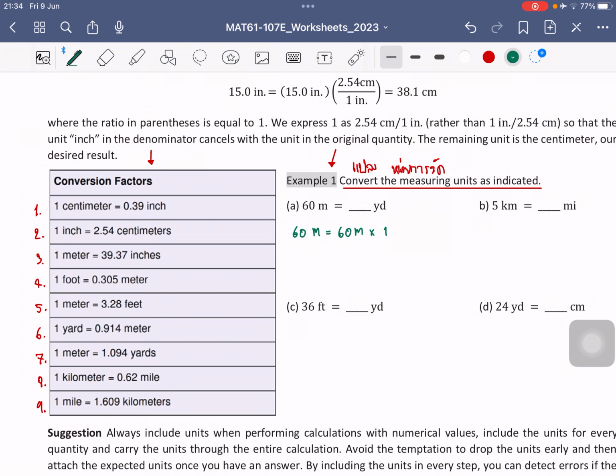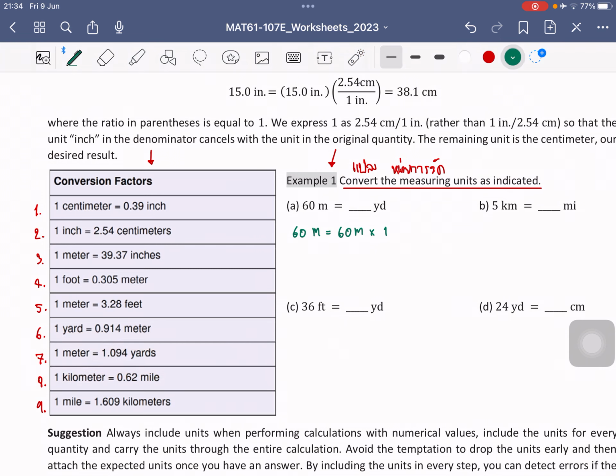But we want to change the unit from meter to yard, then we look at row 7.